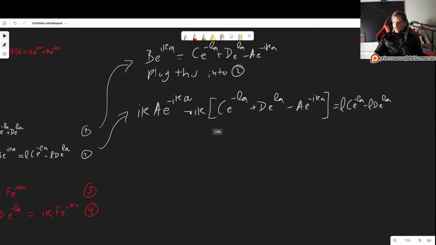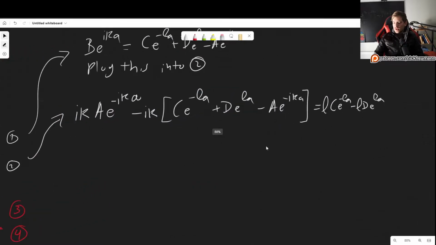We can, of course, factor some of these things together. So notice we have this minus IK minus AE^(-IKA), so we get 2IKA e to the minus IKA. And now let's put C and D to the right hand side. So upon doing this, we have C factor of, it has minus IK, but we are going to add it, so it becomes positive.